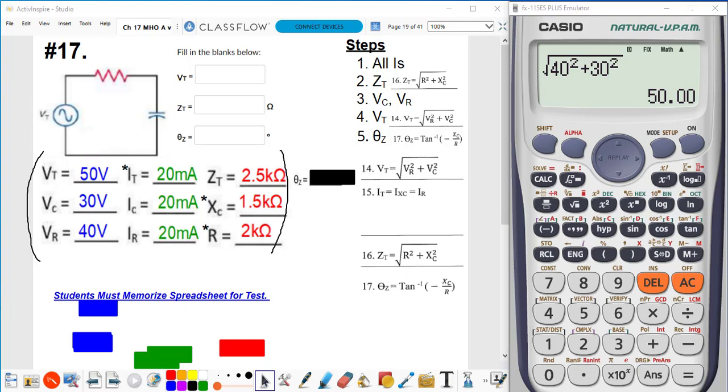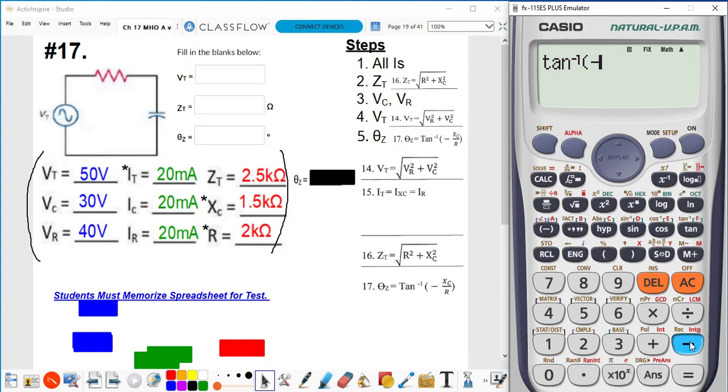The last calculation we need to make is our theta Z. We look at formula 17, and if you look closely, it shows us actually inverse tangent. So we're going to go shift tangent. Make sure you hit shift first. Shift tangent. Let me start over. Shift tangent.